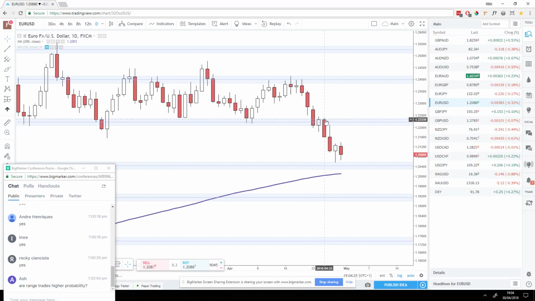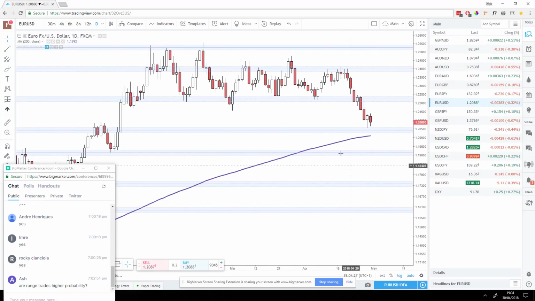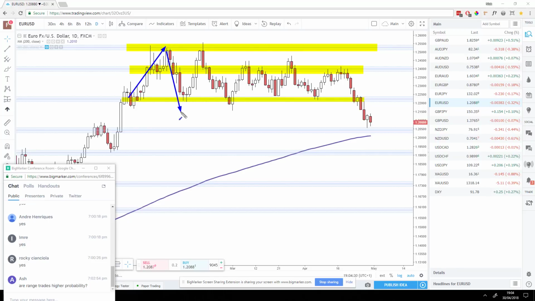There was a range trade on EURUSD, because EURUSD was in a range for quite some time. Was in a kind of a weird range, a tri range. By tri, I mean three support resistance areas, this one here. So this one was bouncing between this one, but also this one towards the end of its life. So there was potential for a long here, which some people entered on the 12-hour.